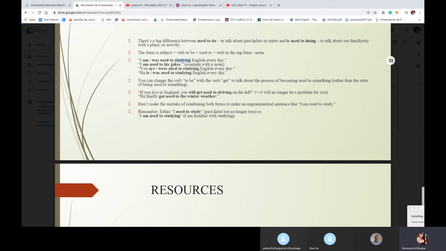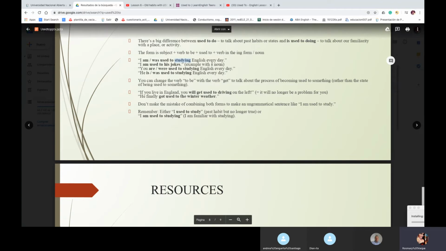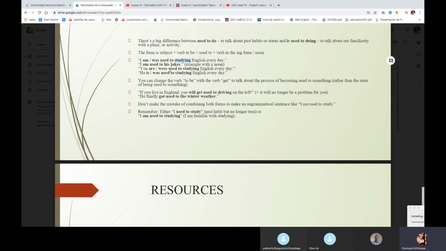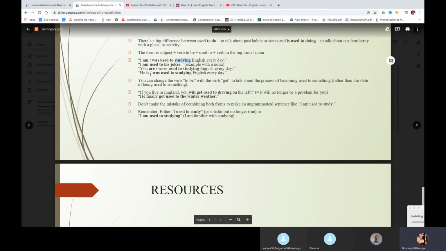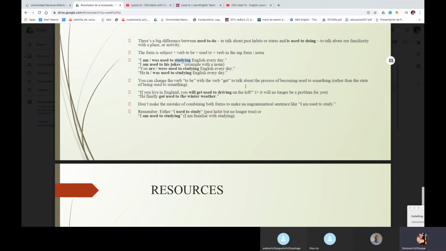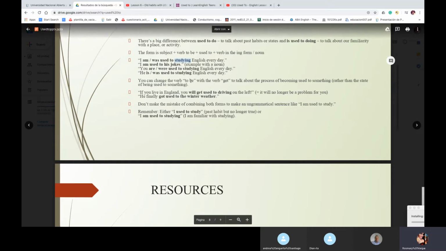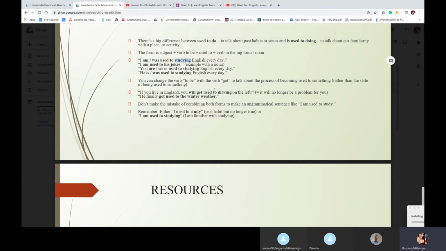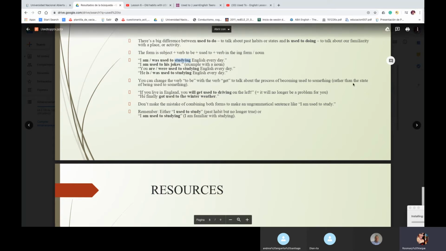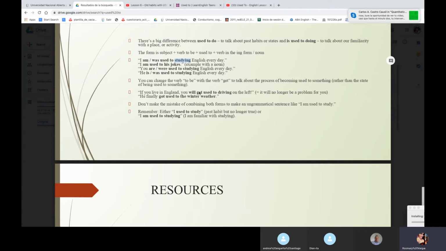I am used to his jokes. This is an example with a noun. You are or you were used to studying English every day. He is or he was used to studying English every day. Now you can change the verb to be with the verb to get to talk about the process of becoming used to something rather than the state of being used to something.